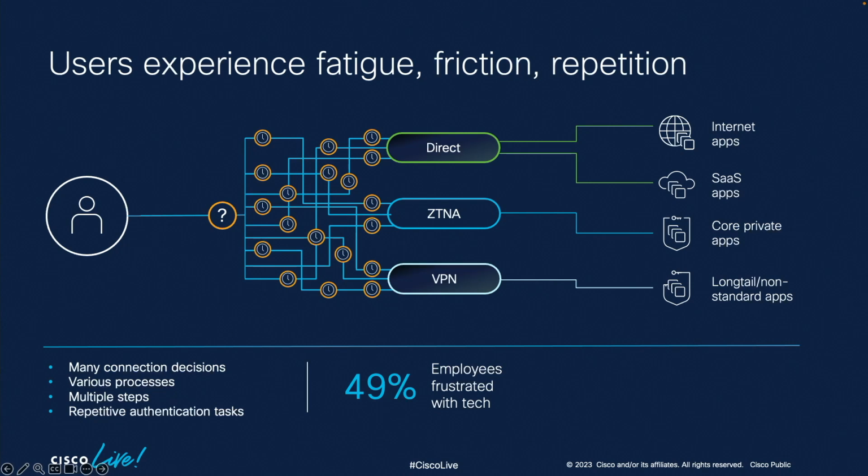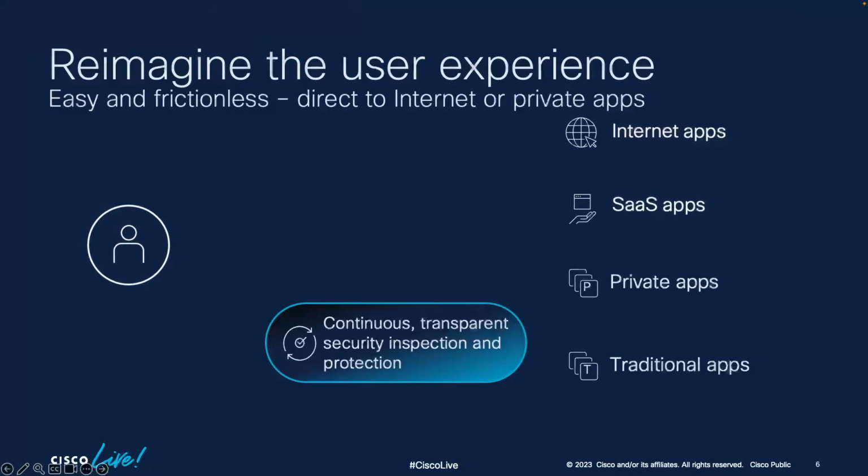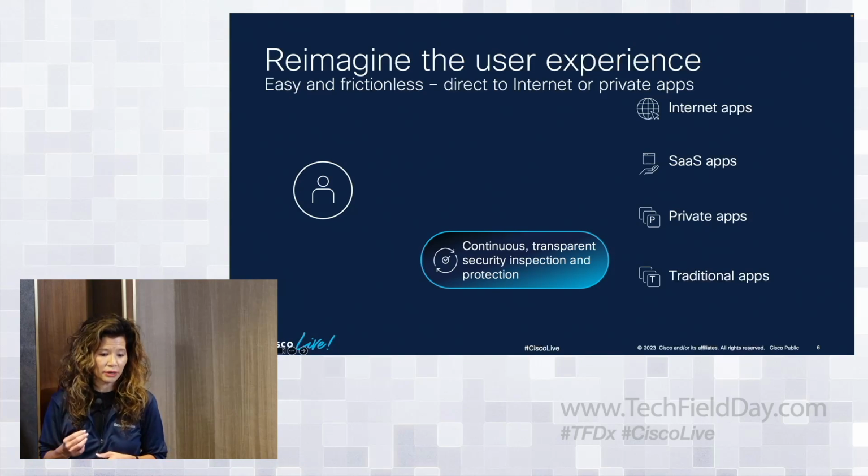And we even have this poll here that says that 49% of employees were frustrated with technology. I don't know, probably the other 51% were so frustrated that they didn't even want to bother answering the survey anyway. Okay, so what are we trying to do here with Cisco Secure Access?